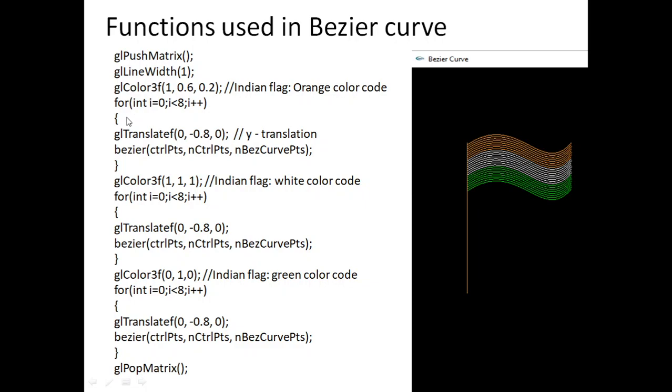Now we'll see the for loop structure. This for loop will run from 0 to 7. In the push pop matrix we are applying the glTranslate function with 0, minus 0.8. It is not even 1, it is 0.8. So that is the distance between the first curve and the second curve.